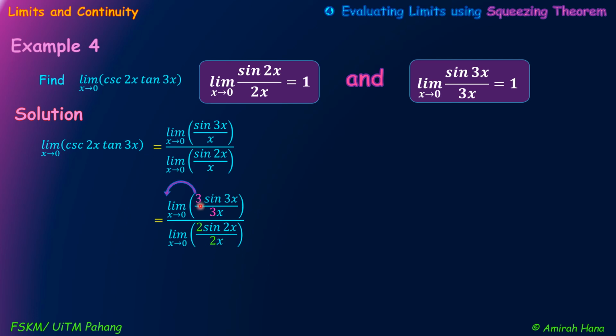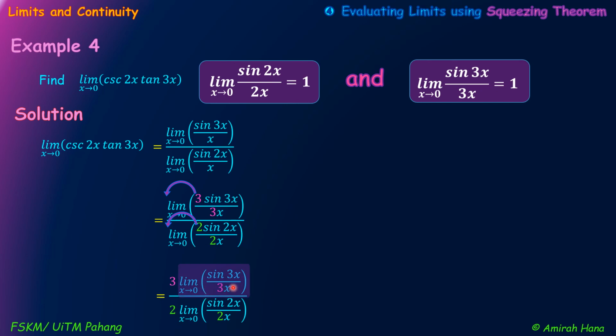And after that, we move the constant 3 out of the limit expression using the properties of limits. And the same goes for constant 2 here. We move it out of the limit expression, right? After that, we get this. 3 limit x approaches 0, sine 3x over 3x, over 2 limit x approaches 0, sine 2x over 2x, right?